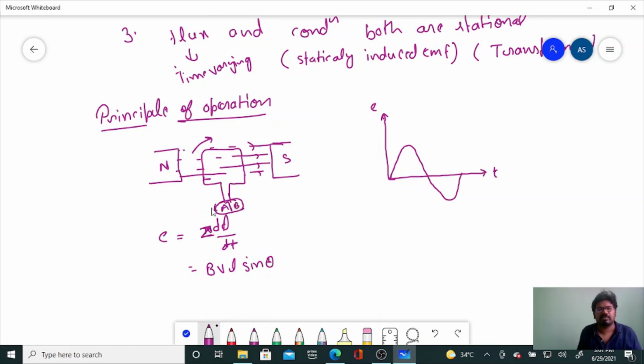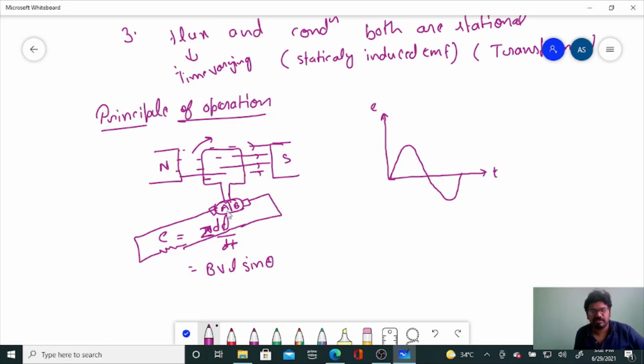The role of this commutator segment is nothing but to convert this AC into DC. So with the help of brushes, we'll collect our DC here.